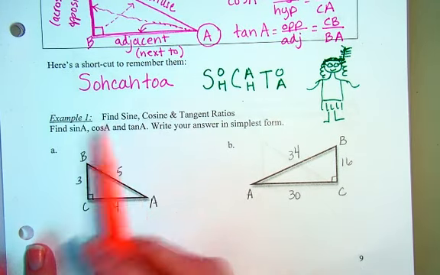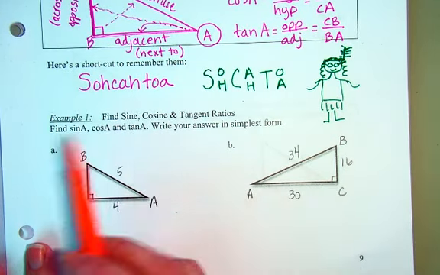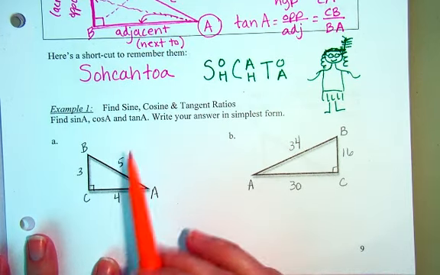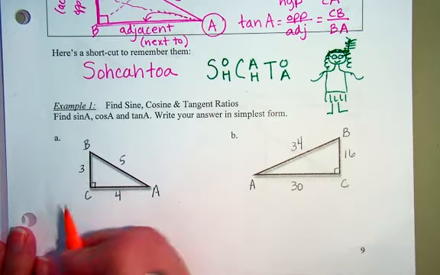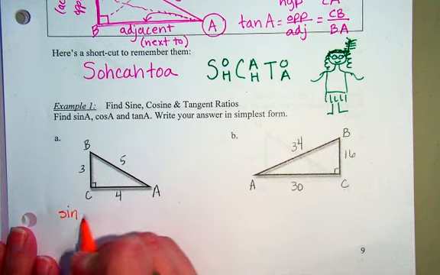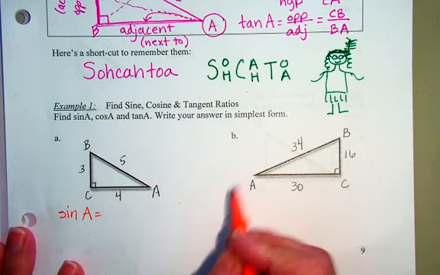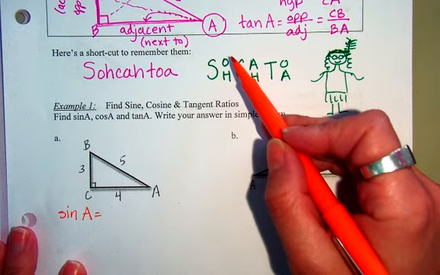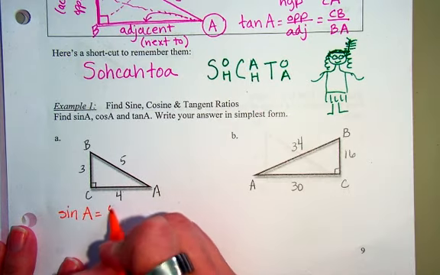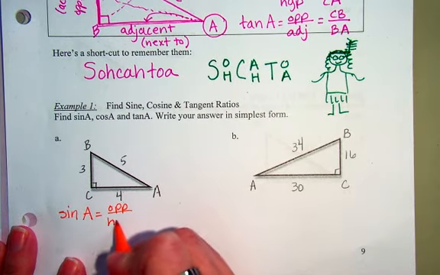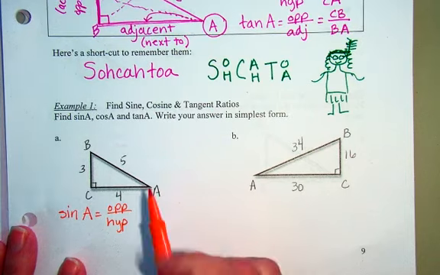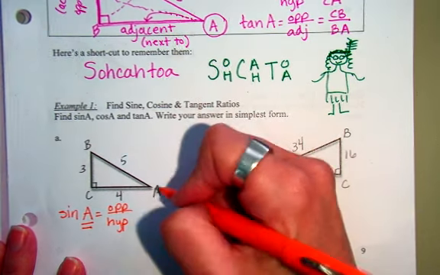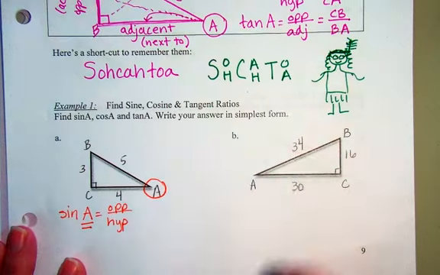All right, here we go. Sine A, cosine A, and tangent A. So here's our triangle, and notice now they gave us numbers for the sides. Let's find the sine of angle A. Sine is O over H, opposite over hypotenuse. Whatever the angle is that they give you, circle it, because it's going to be easier to know where you're going.